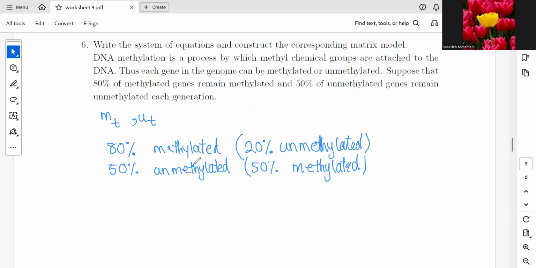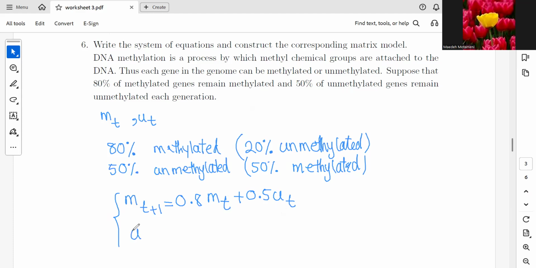So using this information, we're going to write the system of equations. So M sub t plus 1 will be 0.8 because 80% is the same as 0.8 from methylated and also from U of t, which are the number of unmethylated genes at time t.